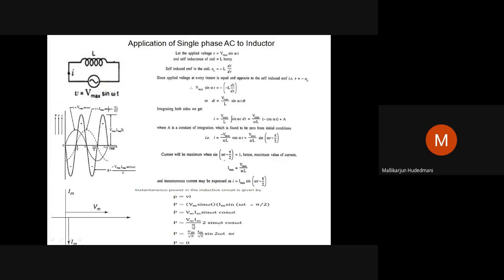You can see here, Vm Im by 2 sin 2ωt. And this denominator 2 is again put as root 2. You can see here, Vm by root 2, Im by root 2, sin 2ωt. This goes to 0, because when I integrate this, it becomes 0. So therefore I can say the power consumed over a cycle is 0. So invariably, I can say the total power consumed by the ideal inductor is 0.